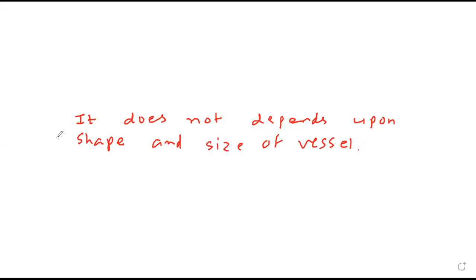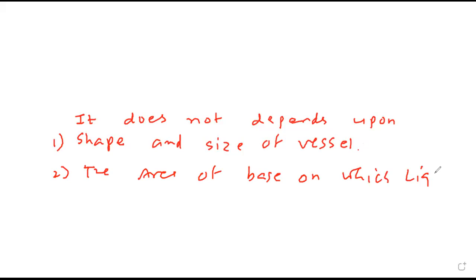It does not depend upon, first, the shape and size of the container; second, the area of the base on which the liquid acts. So if they ask on which two factors it does not depend: shape and size, and area of the base on which liquid acts.